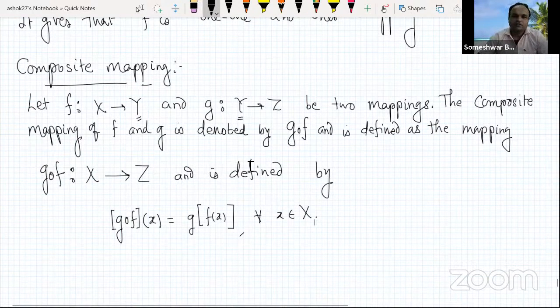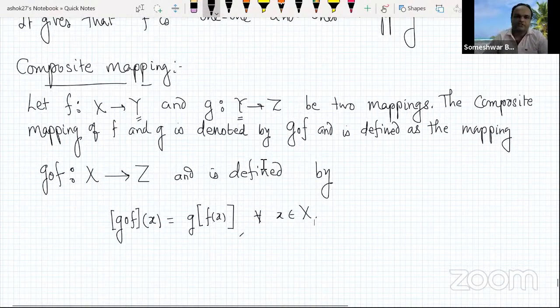So already we have seen it. Geometrically, or by figure, you can illustrate it.